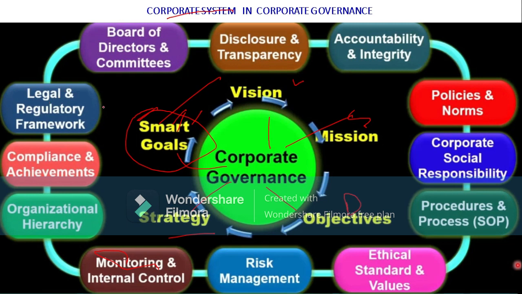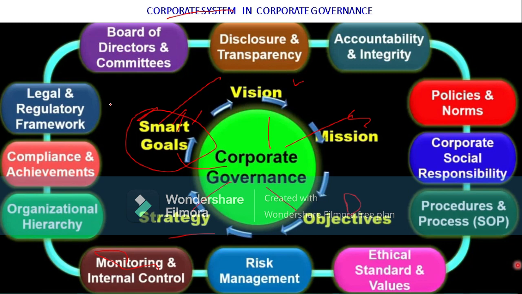And legal and regulatory framework. So what is the legal and regulatory framework? It is nothing but that the rules and regulations should be followed according to the Companies Act 2013. For example, conducting the meetings: four general meetings should be conducted yearly, every quarter.